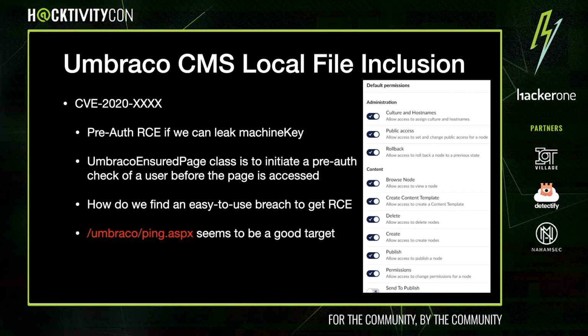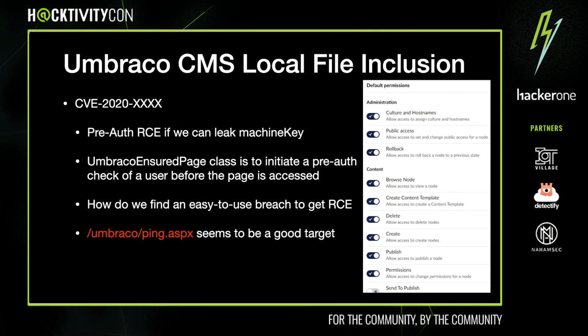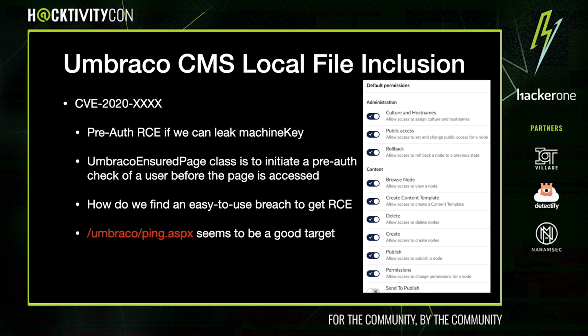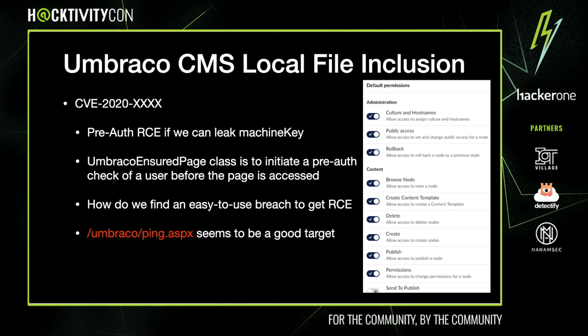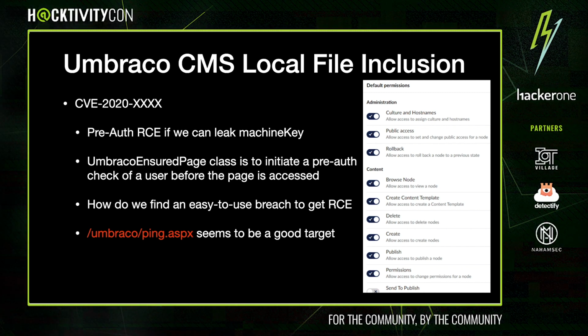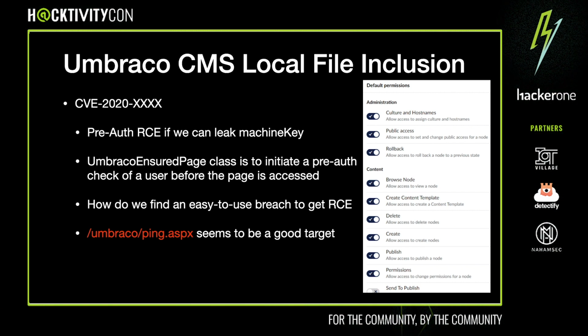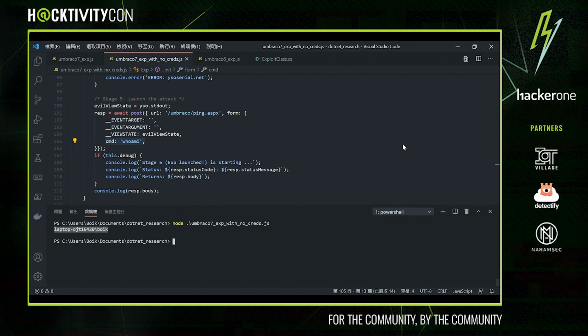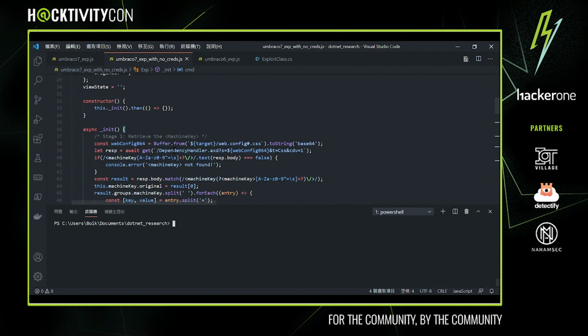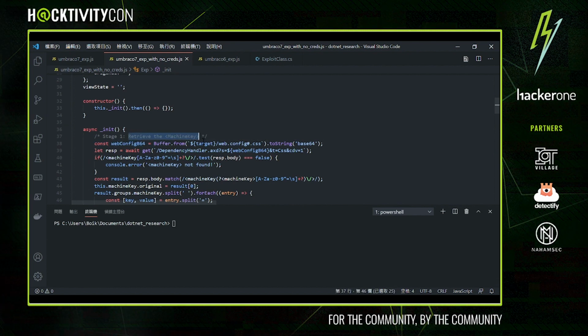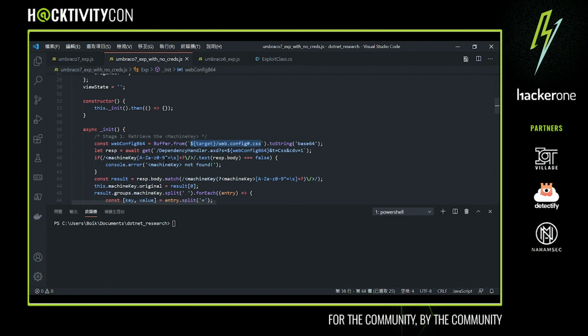So once we get a list of pages that we can directly access, all I need to do is to pick a common page that every copy of Umbraco CMS would have. So /umbraco/pin.aspx seems to be a good target for me. Let's try to exploit it. So here is our exploitation. Our very first step is to use the local file inclusion vulnerability to read the content of the file web.config.